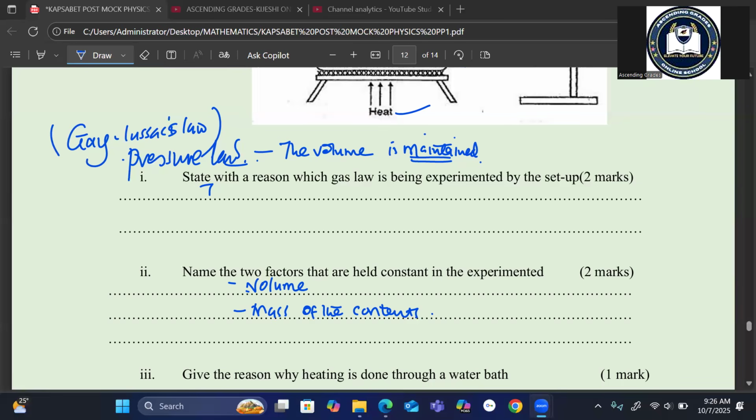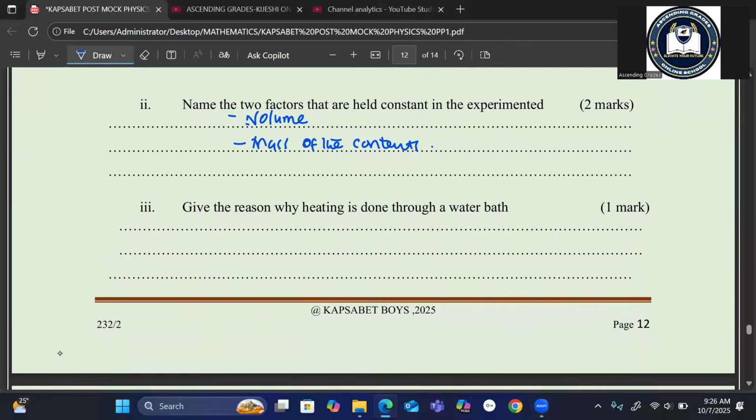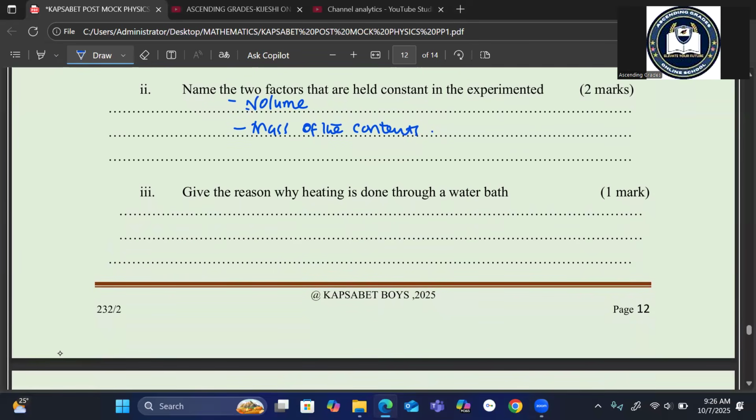Give the reason why heating is done through a water bath. Remember, in this case, we need to ensure even distribution and not just abrupt heating, but heating that is occurring in a gentle manner.